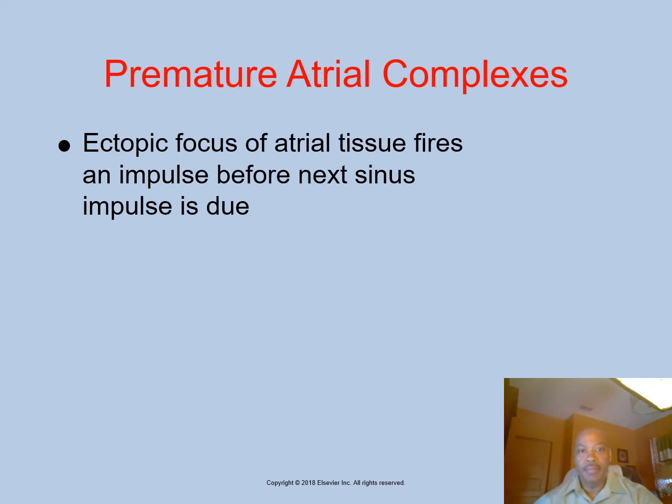Just remember that because the impulse is not coming from the normal SA node, the P wave shape will be different. PACs occur when this atrial tissue surrounding the SA node has become irritable, and so we refer to it as ectopic. The ectopic focus fires an impulse before the next sinus impulse is due.